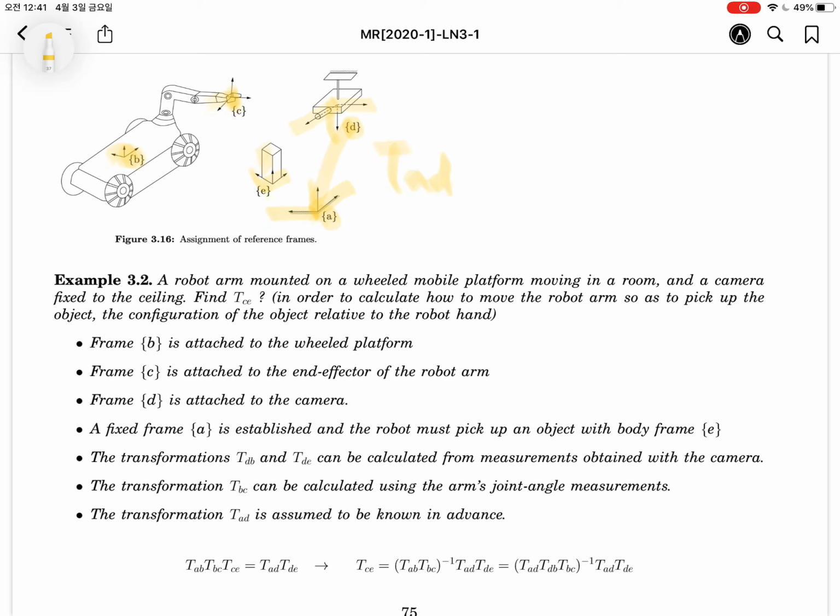And the object has the E coordinate frame. Okay, the camera will provide these two transformations. Is it right? The camera will detect the image, and then we can calculate the transformation matrices TDE and TDP using the camera.